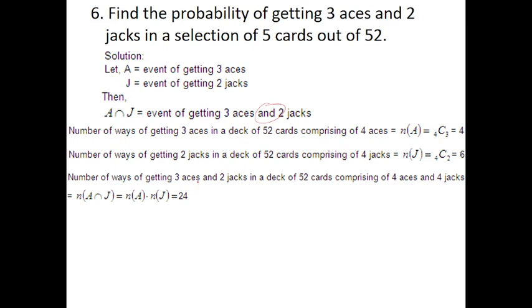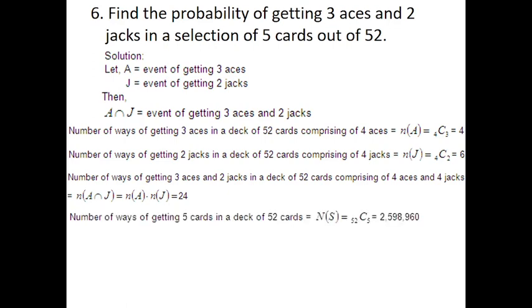Kaya ano naman yung number of ways of getting 5 cards out of 52? Regardless, no? Kung ace or jack yun. Yung mga yon. So, ito yung ating number of ways. Number of ways of getting 5 cards in a deck of 52 cards, yun yung number of outcomes in the sample space. Ang dami, 2 million eh. 2,598,960. Okay?